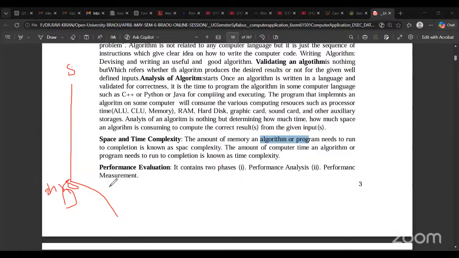And how much space is required on the road to travel this bus, how much road is required to travel this bus from source to destination, is called space complexity. So that is time complexity and space complexity.